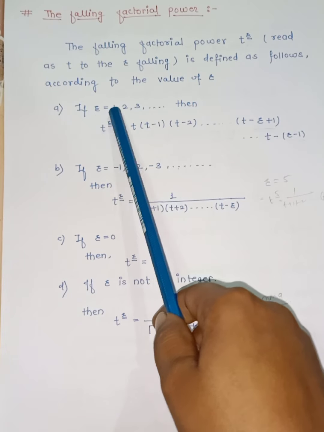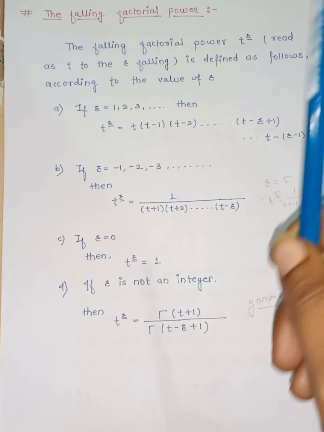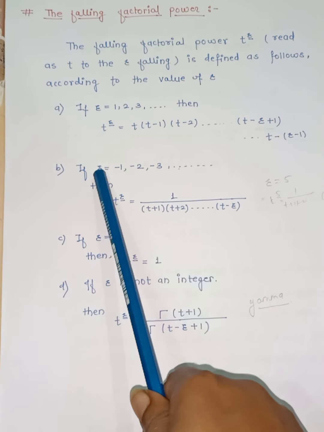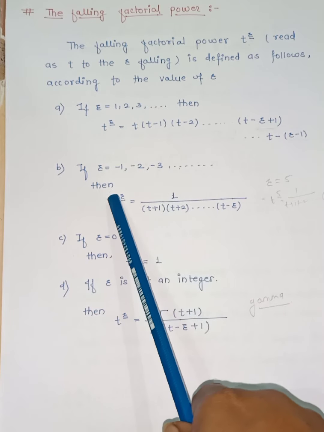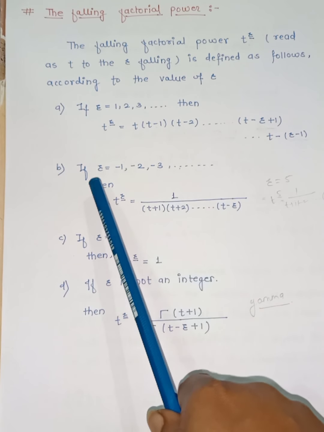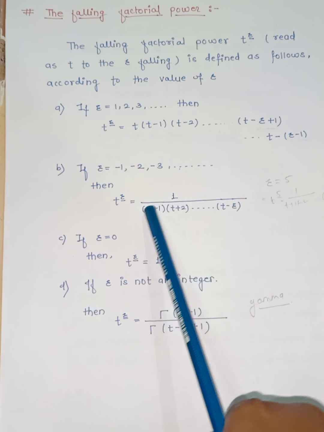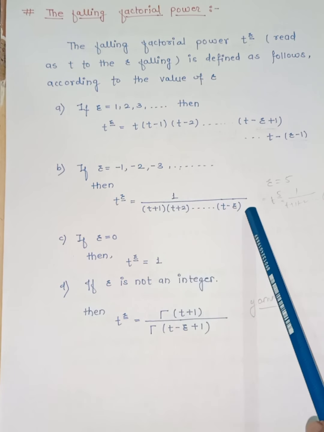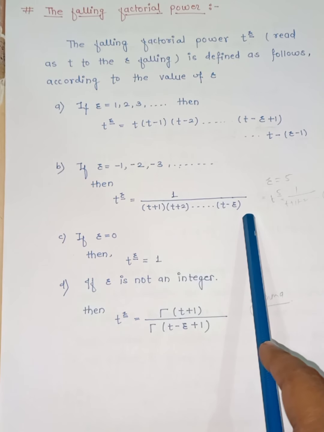That is, we have to compute values up to the value before r. Then if r equals -1, -2, -3 and so on, if r is a negative integer, then t to the falling r will be equal to 1 upon t plus 1, t plus 2 up to t minus r. That means we have to go up to that value.